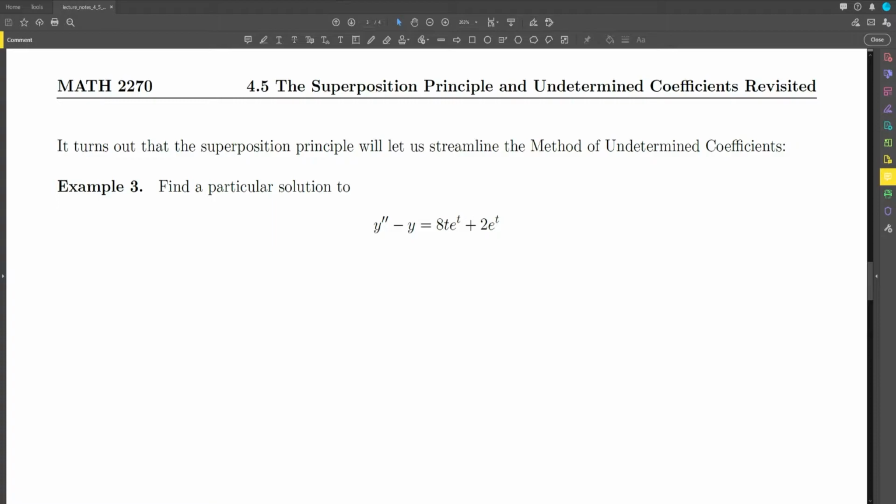So basically, how we would tackle this is as follows.